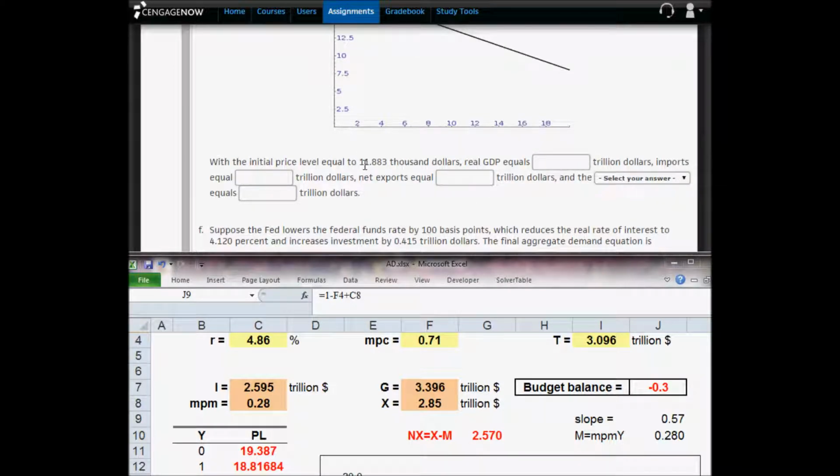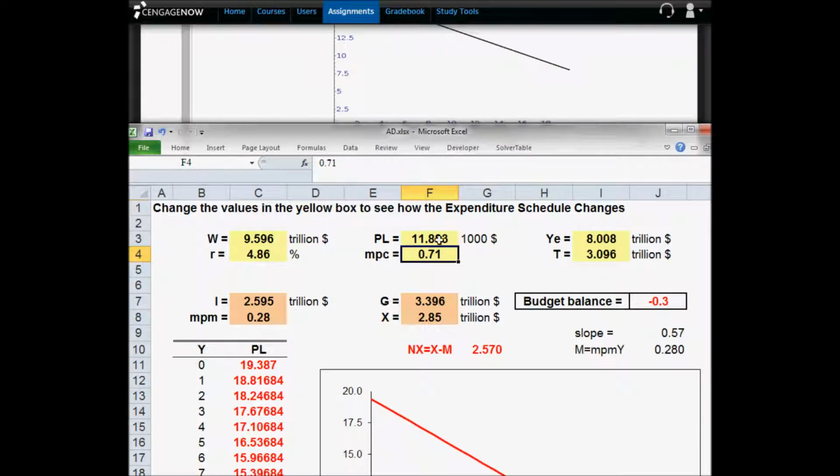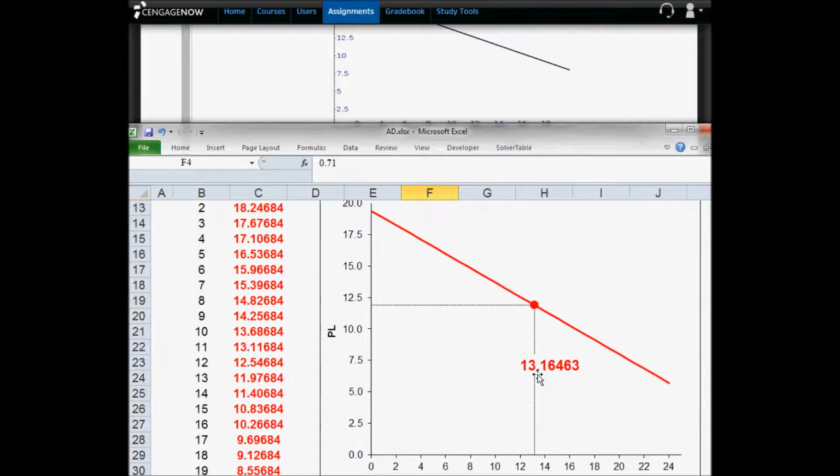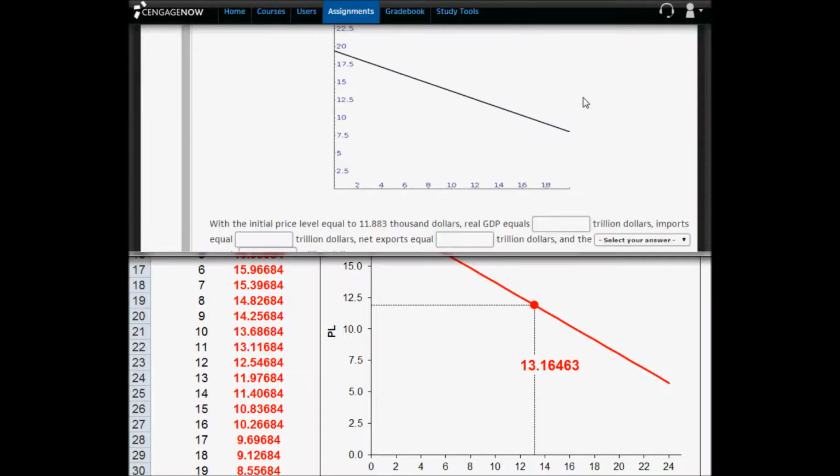When the initial price level is $11.833 thousand, real GDP is equal to 13.16463. So $13.164 trillion; the next digit is 6, so this would round to a 5.